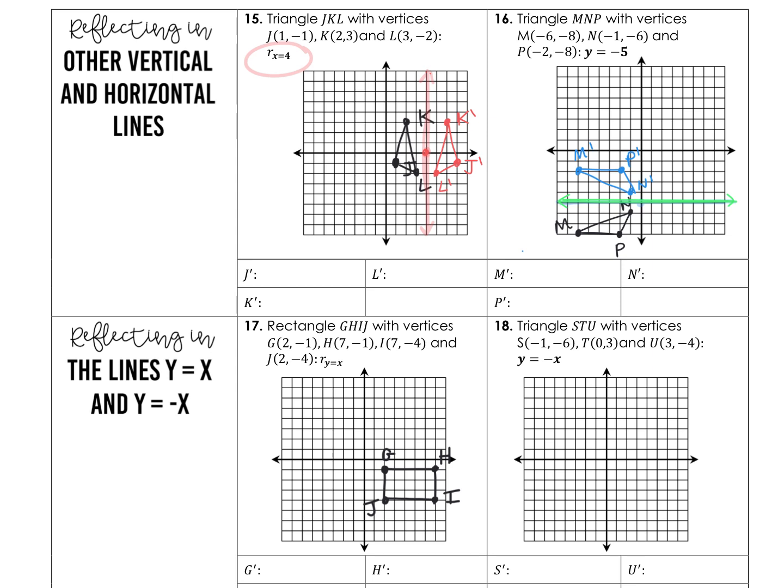It is reflecting over the line y equals x. Okay. Again, review from Algebra 1. If I have the line y equals x, that is the line that has a slope of 1 and a y-intercept of 0. Okay? So there's your review from Algebra 1. It's the most basic vanilla ice cream kind of diagonal line you could possibly have.